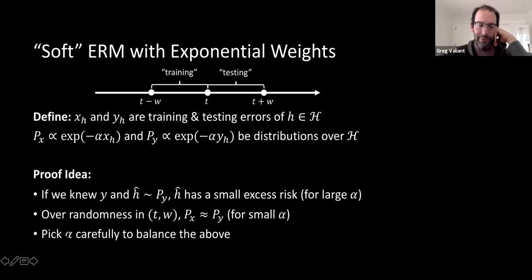Basically, we'll end up picking alpha to balance. We want alpha to be large so that the risk of P sub y is small. We want alpha to be small so that the training and test sets, in expectation, end up being similar.